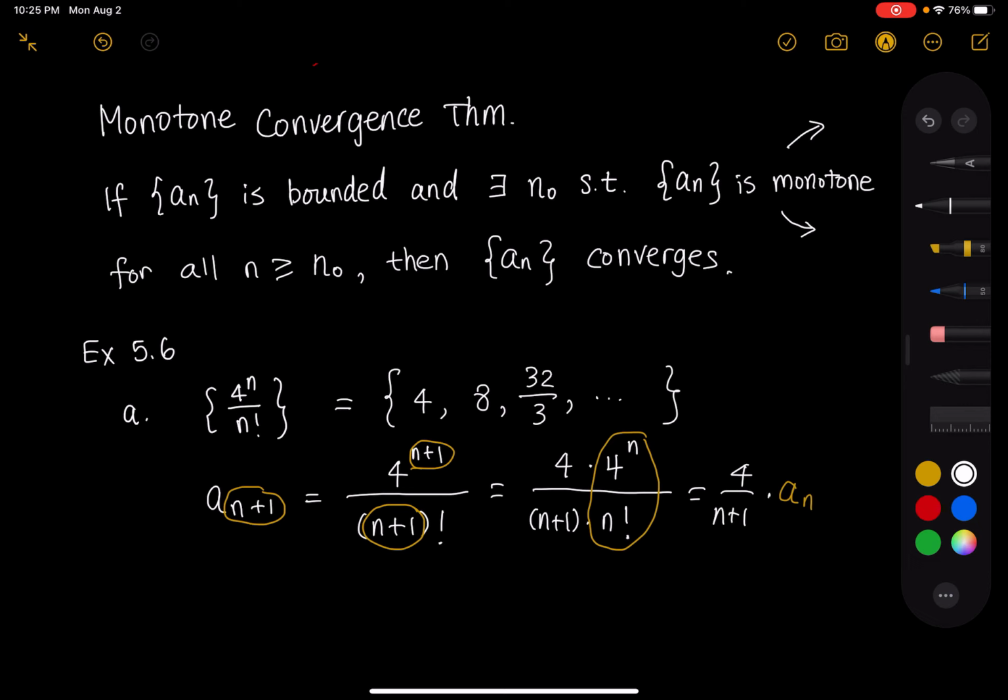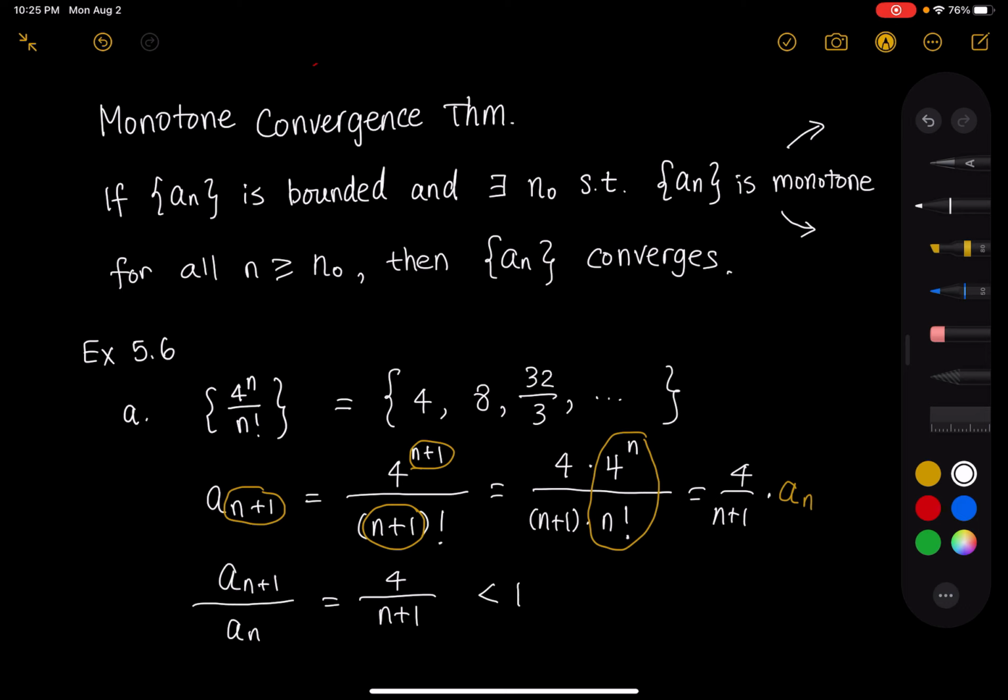So what it tells us is that a_{n+1} divided by a_n equals 4 over n plus 1. And as long as n is greater than or equal to 3, say you plug in n equals 5, you get 4 divided by 6, a fraction smaller than 1.